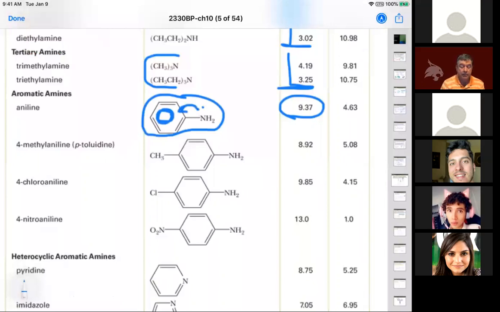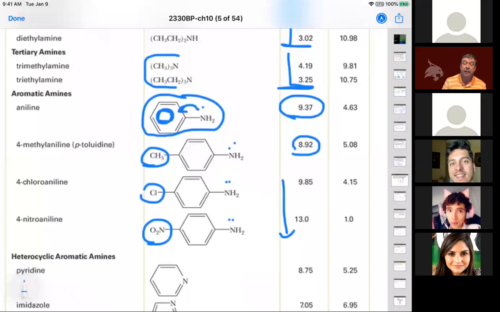Now, that same concept means that if you have a donating group, it's going to make it slightly more basic. But if it's electron withdrawing groups, it's going to become less basic. So taking away more and more of these electrons from that nitrogen makes them less basic.